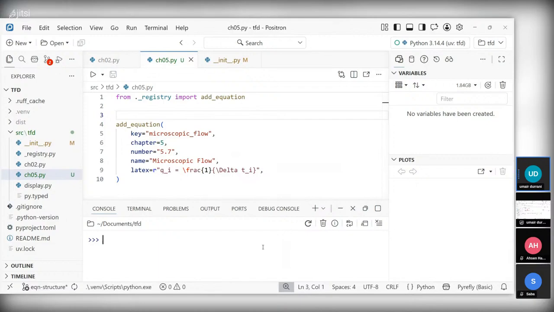Can you see my screen? Yes, yes. Okay, good.